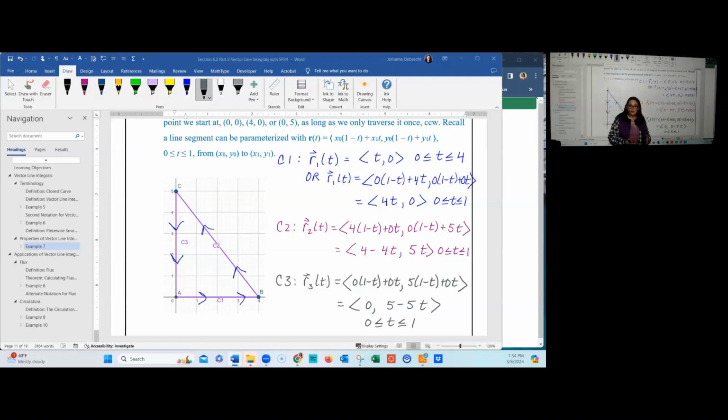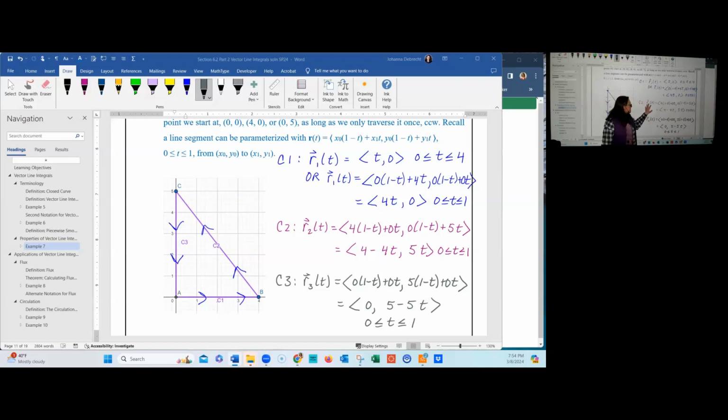You could also use the formula that we gave above for representing a line segment between point x naught, y naught and point x1, y1, where t varies from 0 to 1. Applying that formula, we get the parameterization 4t comma 0, but t varies from 0 to 1. You can use either one, the result will be the same.